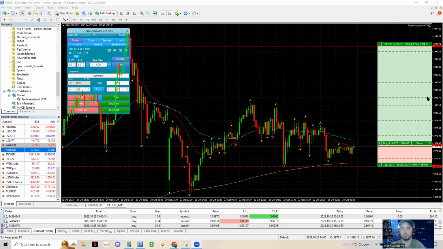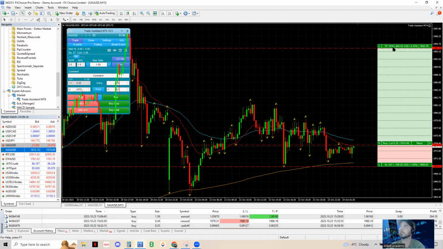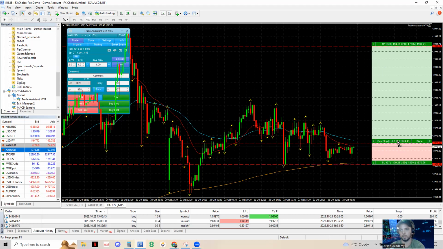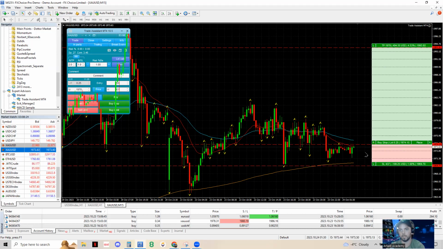You see it now? The MT4 here? Yes, perfect. So this would be the broker account. I do all my analyzing on TradingView and then come and execute the trade here. This trade assistant takes all the work out of figuring out your lot size.